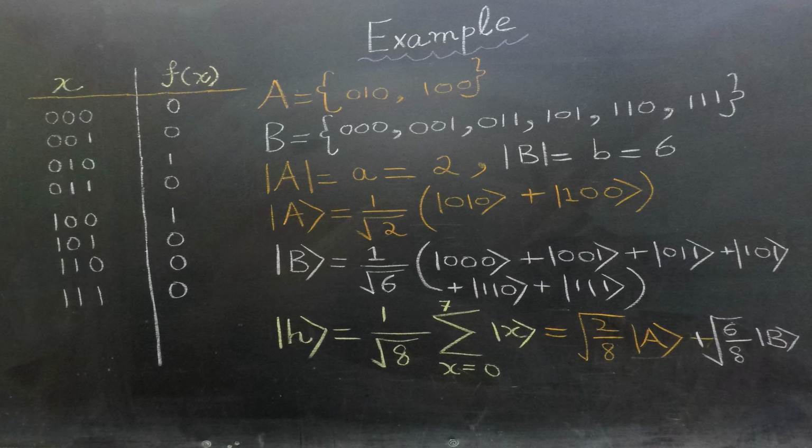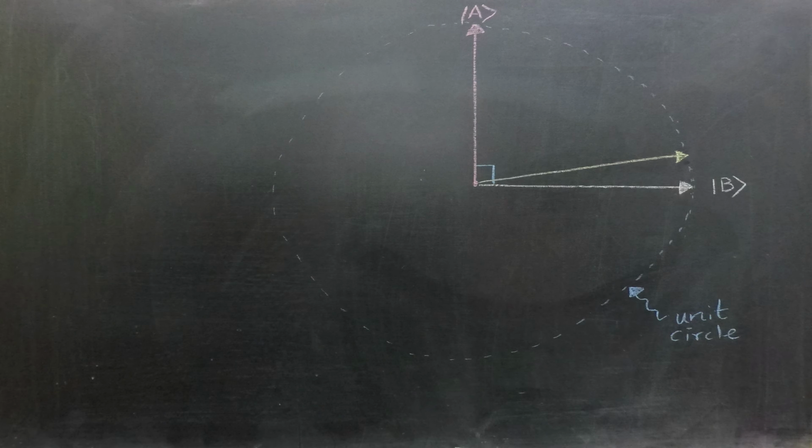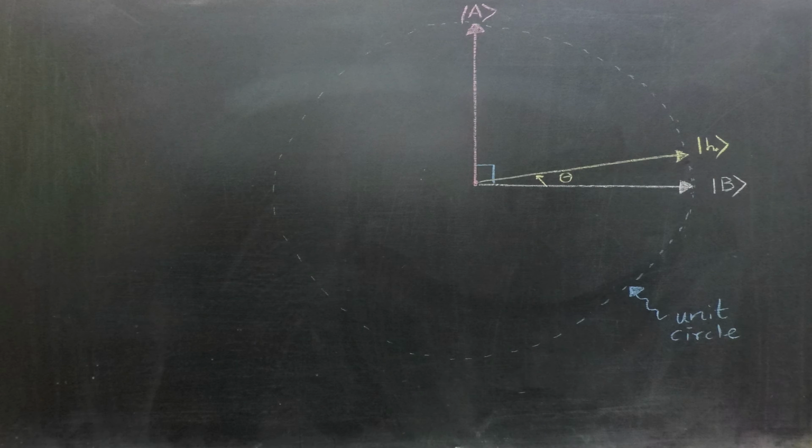Let's quickly recall Grover rotation from the last video. We have our ket A and ket B both lying on the unit circle. Furthermore, they are orthogonal to each other, making a 90-degree angle. Then we have our vector ket H, which lies between ket A and ket B. The angle between ket H and ket B is theta.